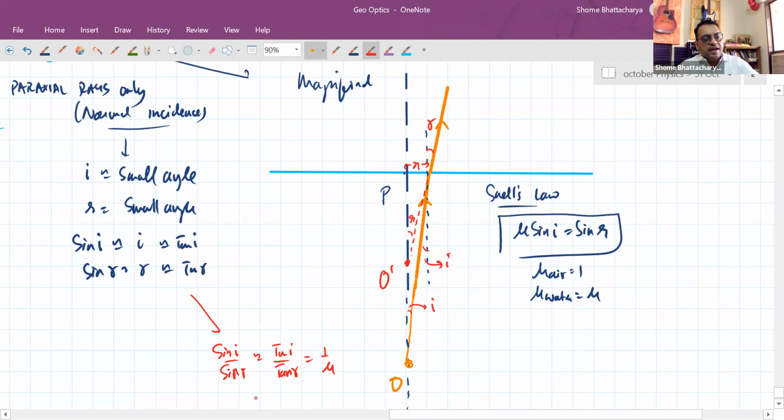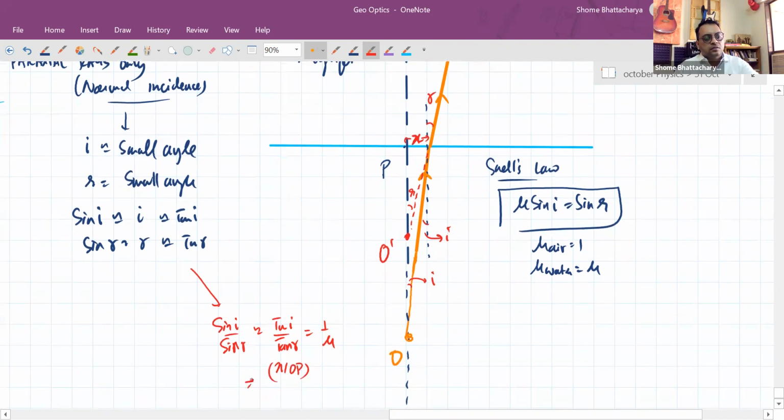So tan I is X divided by the real depth OP, whereas tan R is the same X but divided by the apparent depth. So 1 by mu.